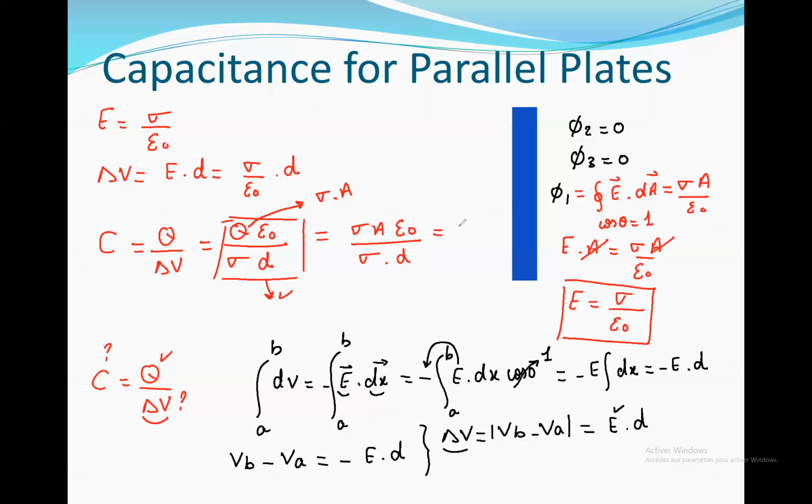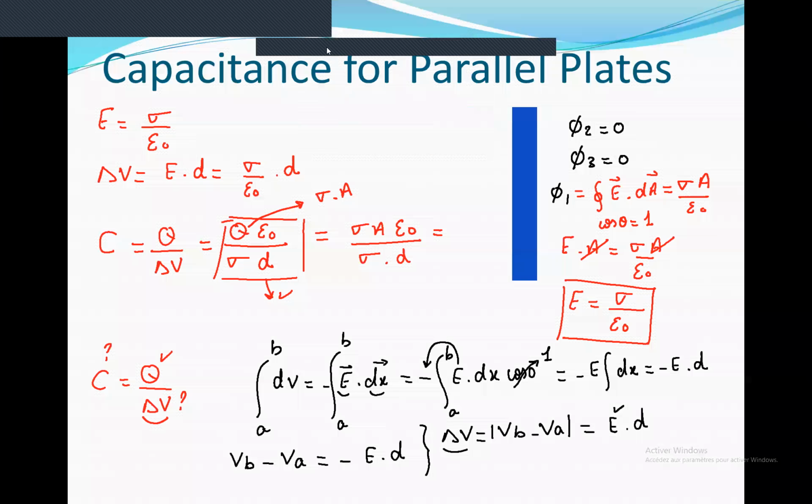We have epsilon here, sigma and sigma cancel, and we get finally epsilon A divided by d.